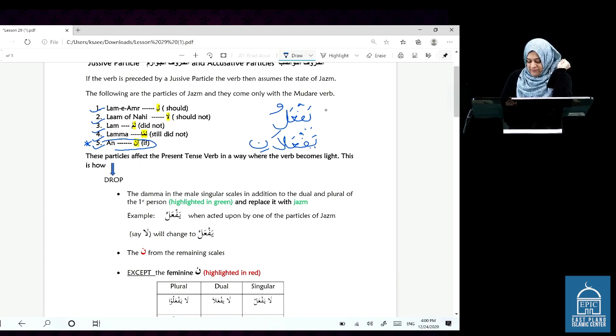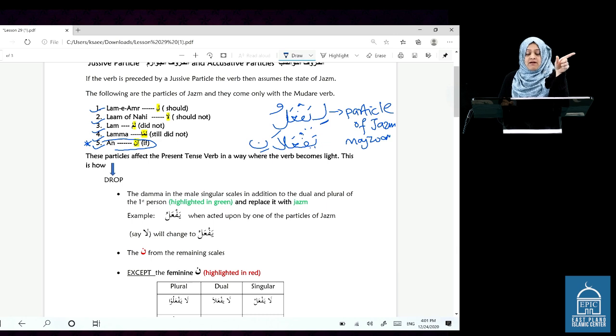If I bring li over here, and this affects mudari, affects mudari meaning what? The default state is going to change. The way this default state is going to change, because this is a particle of jazm, should be self-explanatory. Particle of jazm makes the mudari majzoom.